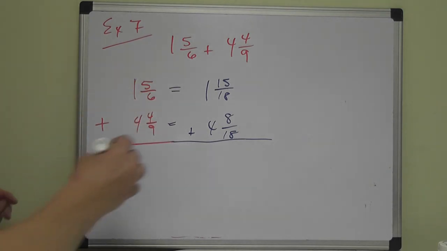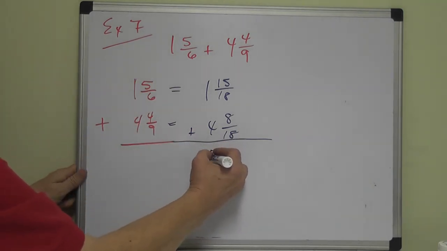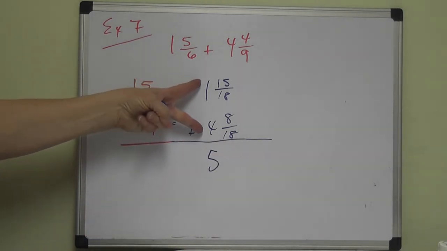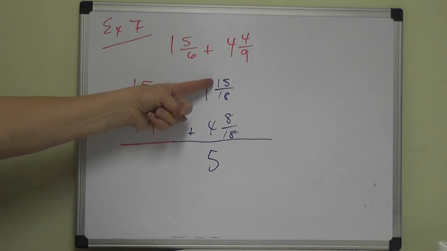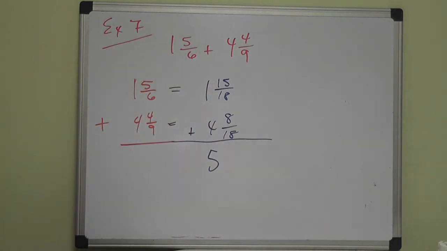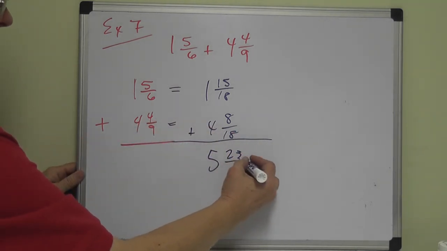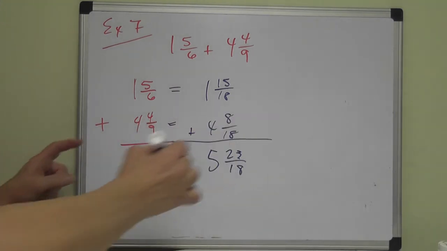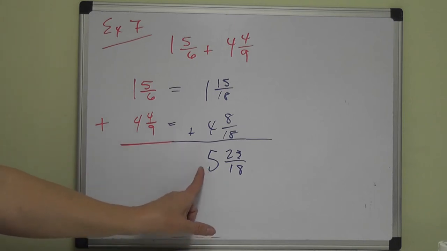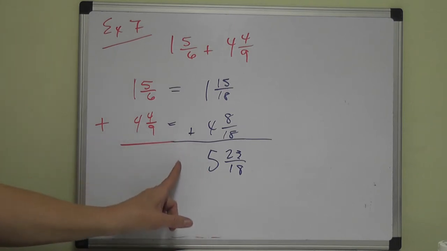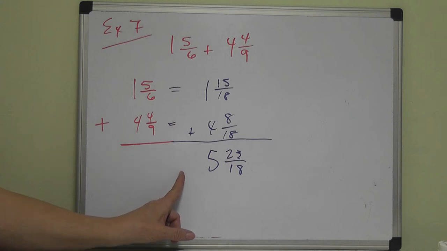Now we're going to add the whole number portions. 1 plus 4 is 5. And now we add the numerators of our fractional portions and keep that same denominator. 15 plus 8 is 23 over 18. Are we finished at this point? Nope. I got an answer like this on a test recently.